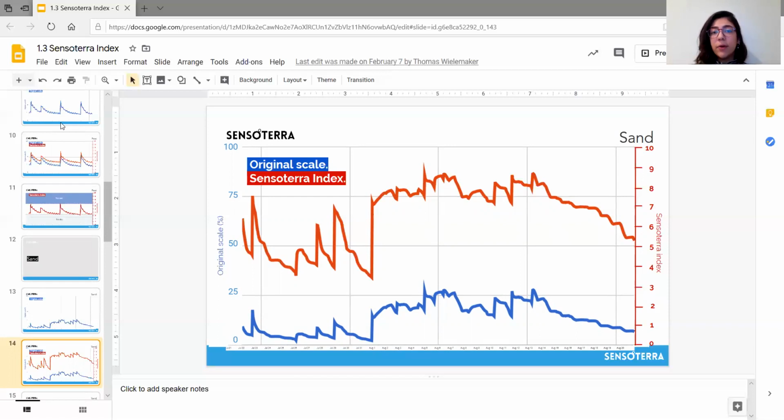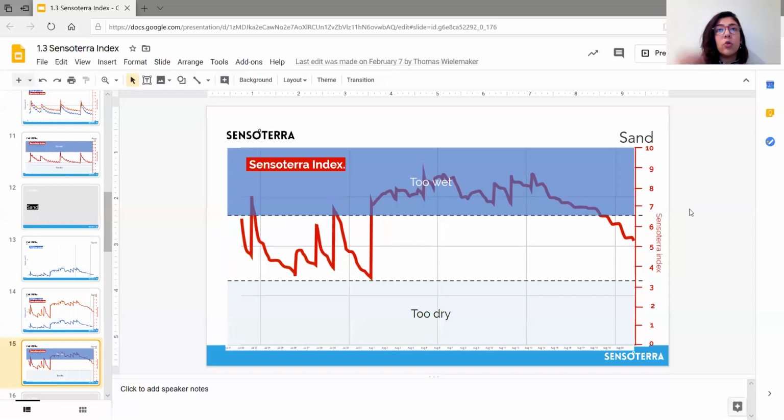You have to keep a close look at the necessities of your soil. When using the Sensoterra index for sandy soils, you have a better context vision, because you know that your thresholds will be higher than the original scale.